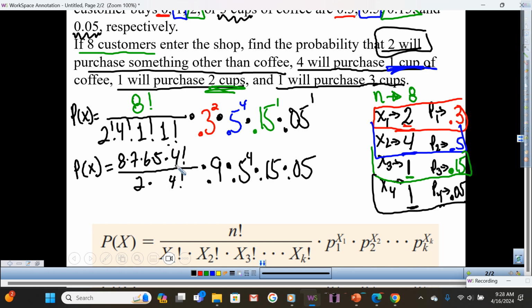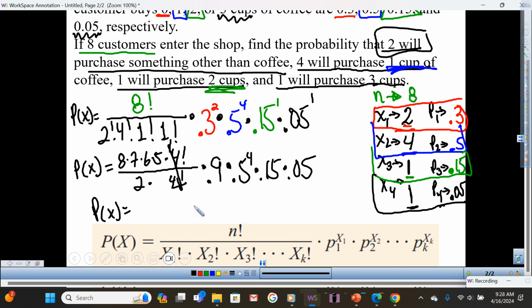So this is a giant one. 5 times 6 is 30. What is 3 times 8?